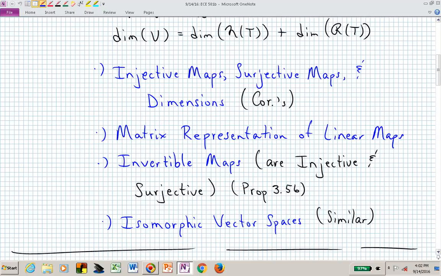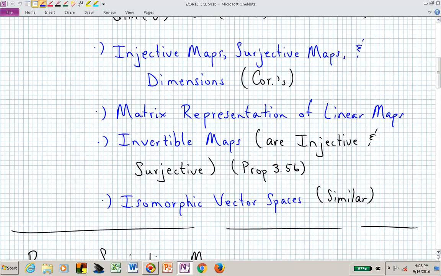And then we'll talk about isomorphic vector spaces. Isomorphic meaning they're similar. So if you have the space of polynomials of order 3, that's isomorphic to R4, for example. That's what we mean by isomorphic vector spaces.